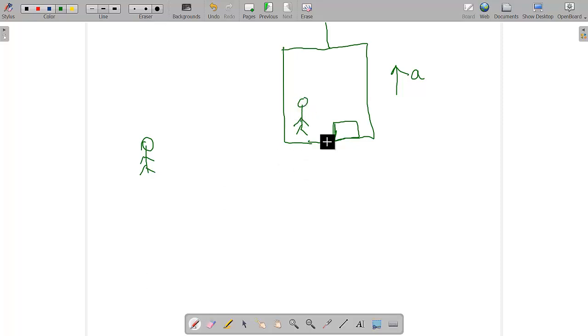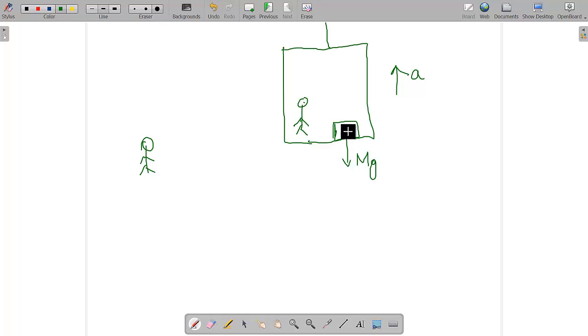Let's say the mass is m. How is this man going to apply Newton's laws on this body? If he writes the equation, how is he going to write it?